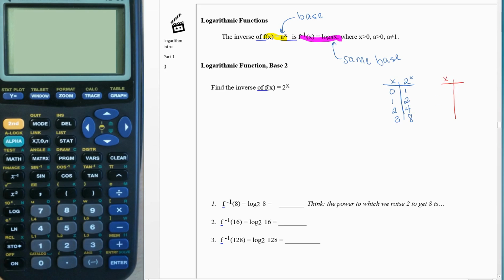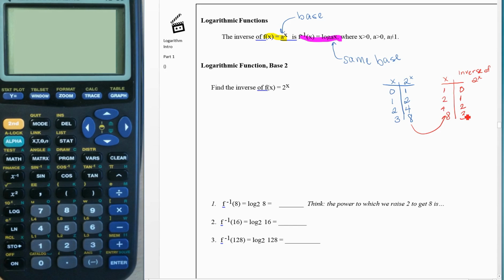And let's just say x, and then we'll say inverse of 2 to the x. Well, now remember, we're going to plug in what we got out over here. So 1, 2, 4, and 8. And what we're going to get out is what we plugged in. So 0, 1, 2, and 3.